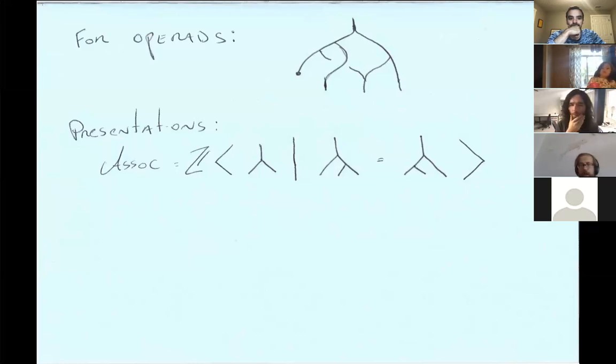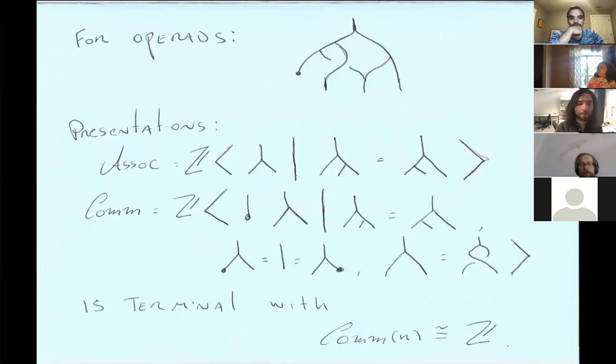This is not going to be the focus of our talk. There's another operad that we're more interested in, that is the terminal operad. And that is the commutative operad. We have still a 1-to-2 operation like we did before, and it's also co-associative, but we want it to be co-unital as well. So we introduce a generator that has 1 input and 0 outputs, and that satisfies this co-unitality relation.